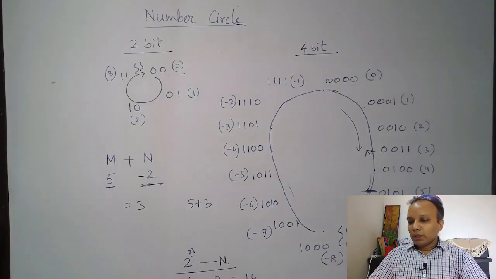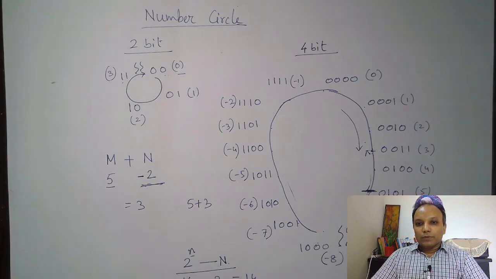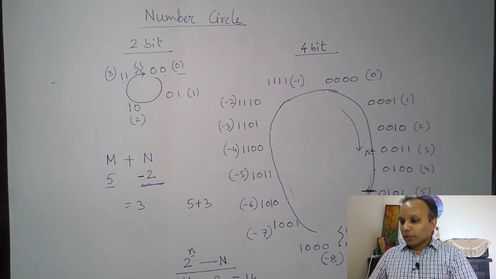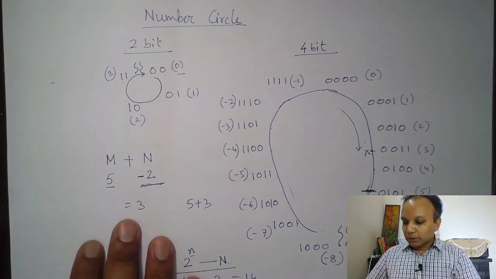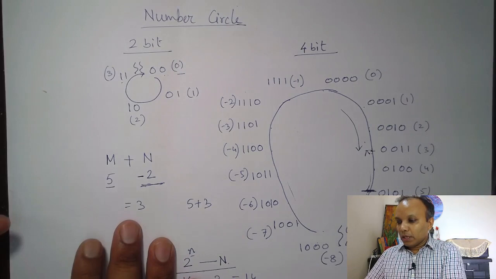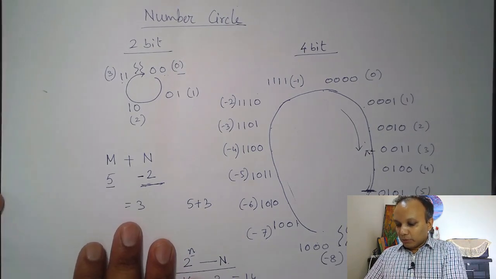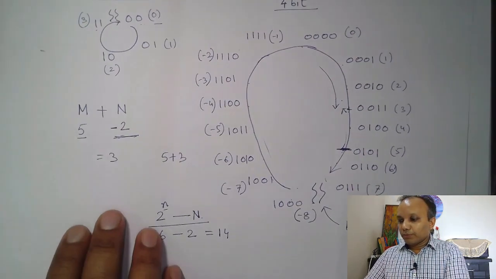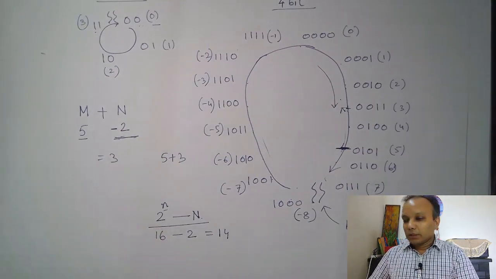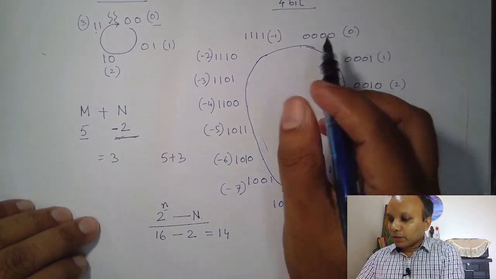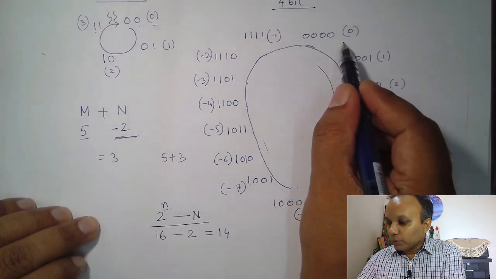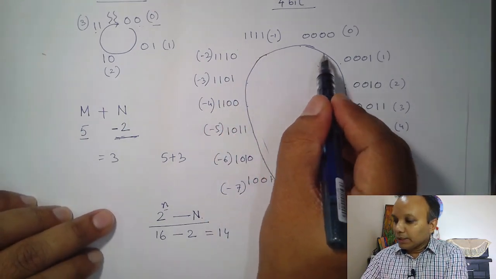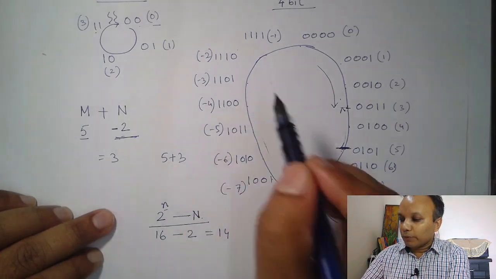If you remember, we looked into a 4-bit number circle where we presented all the numbers which can be presented using 4 bits in a circle, and we assigned them some index values. So for example, the 4-bit number circle contains numbers from 0000 to 1111, and this is the number circle we are forming.